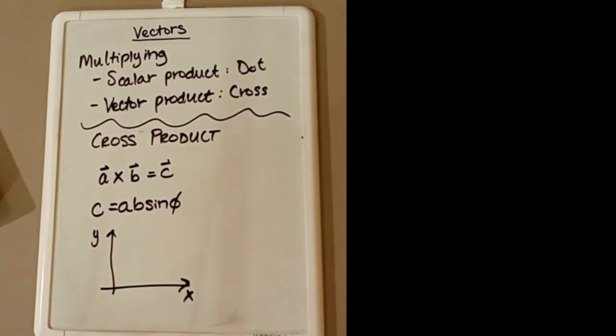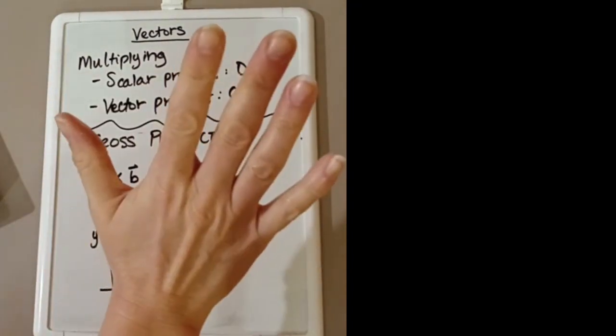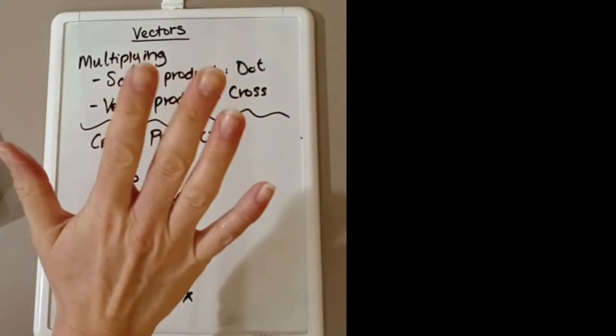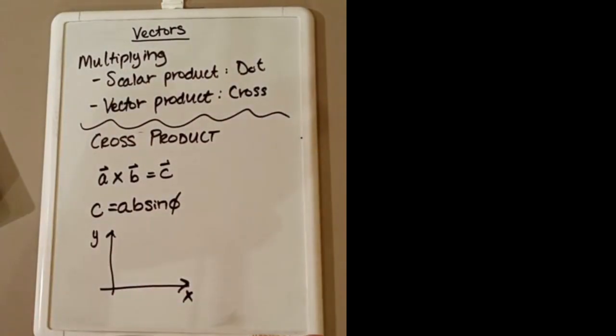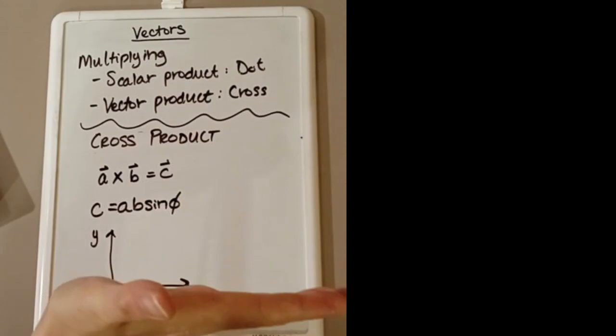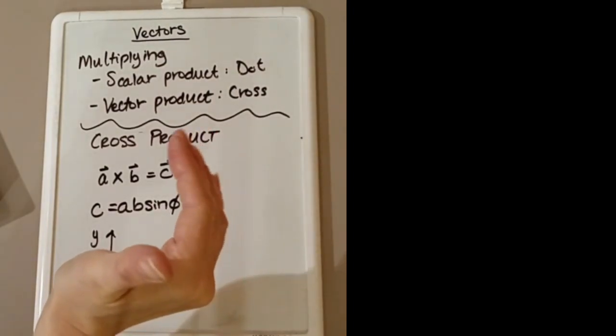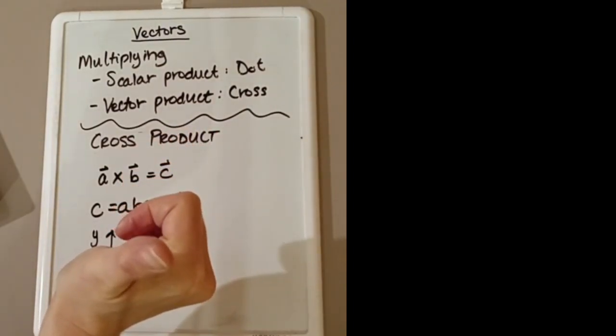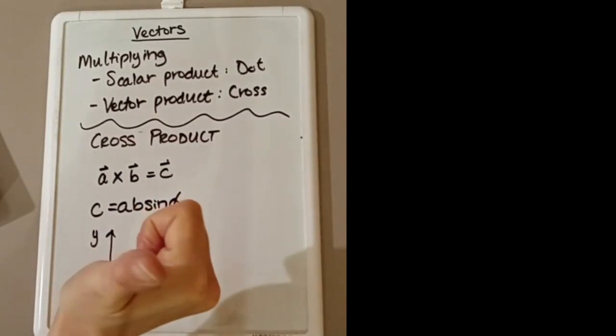Now remember when I said that z is coming out of the page? This is how you know, because you're going to have to use your right hand. Make sure you're using your right hand, otherwise it'll be backwards. Your fingers go in the direction of the x-axis, so pointing off to the right, and then you curl your fingers toward the y-axis, and your thumb is pointing up out of the page.